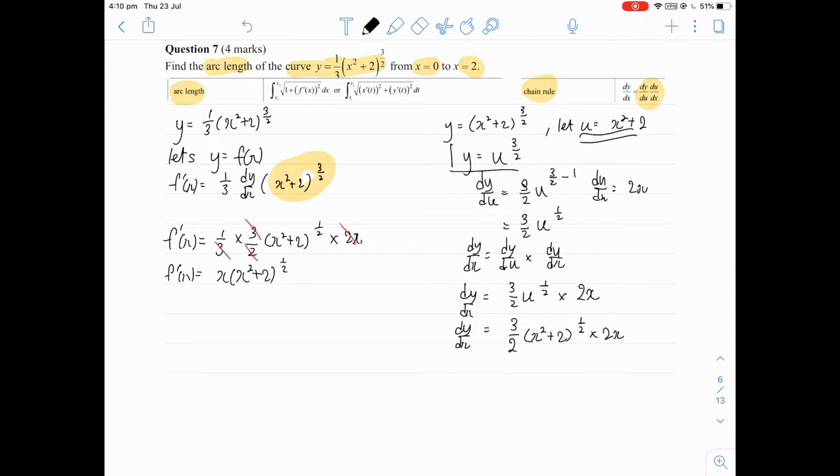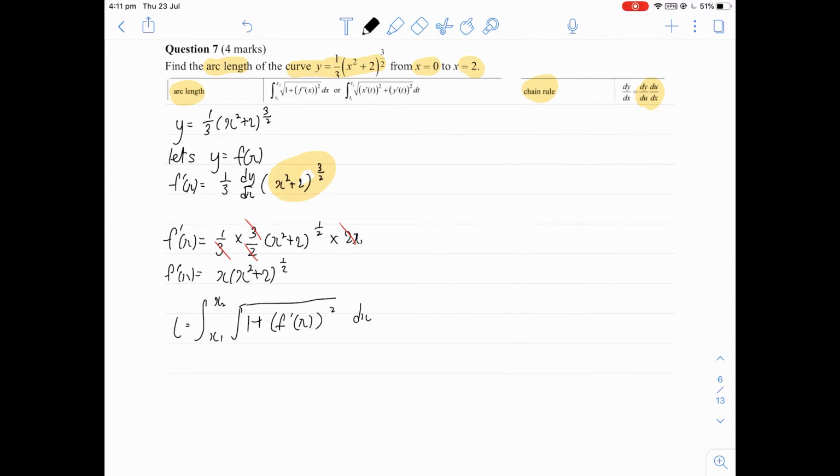Let's now work out what the arc length is. We can now sub in x2 as 2 and x1 as 0, as given by the question. And we can write this as L, which is the arc length, is the integral from 0 to 2 of the square root of 1 plus f dash x, which is (x squared plus 2) to the power of 1/2, all squared, dx.